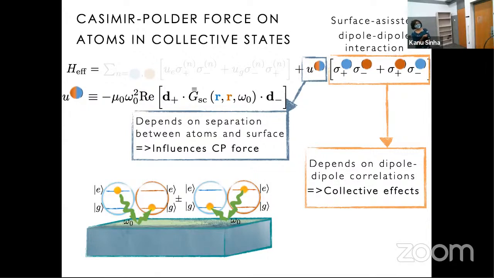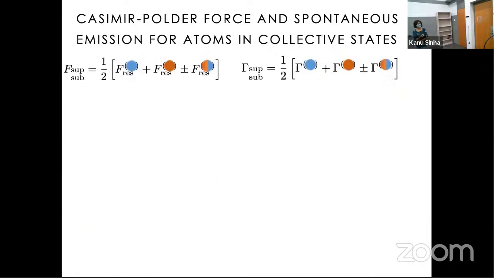Okay, we can see this more explicitly when we write the expression for the forces, and indeed we find that for the superradiant state or the subradiant state, there's a positive or a negative contribution from this surface-assisted dipole-dipole term. And this indeed checks out with the corresponding spontaneous emission expression as well.